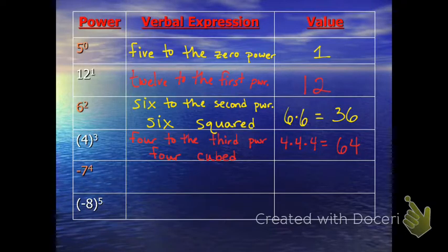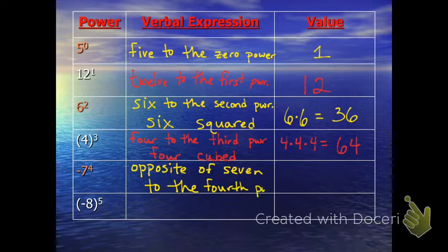The next one, our fifth example, is a little tricky. See that negative sign out in front? That stands for the opposite. So it reads as the opposite of 7 to the 4th power.